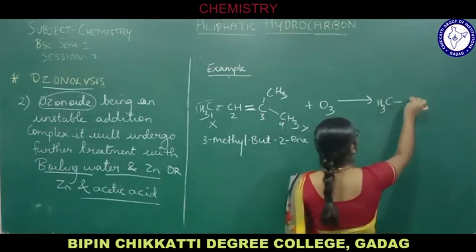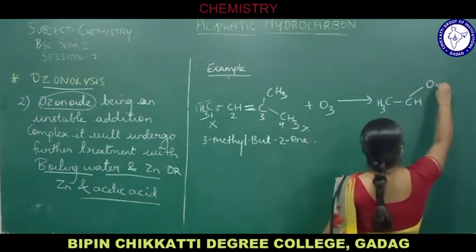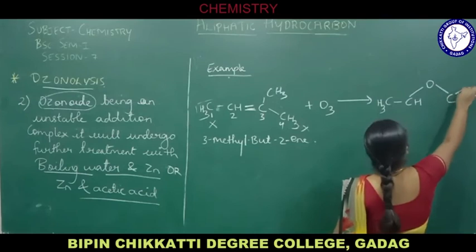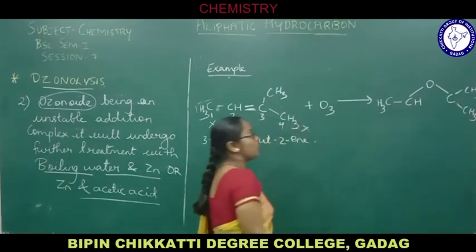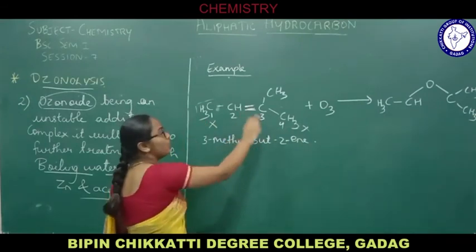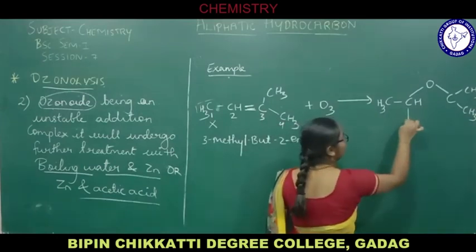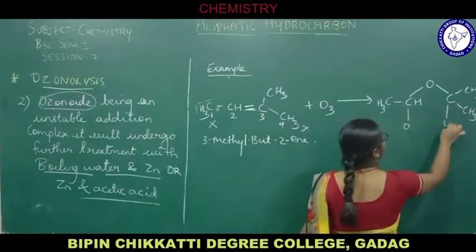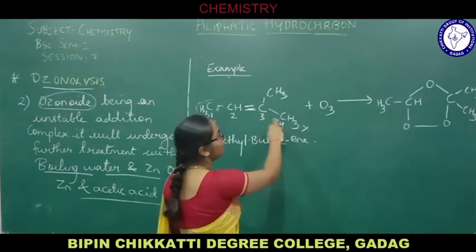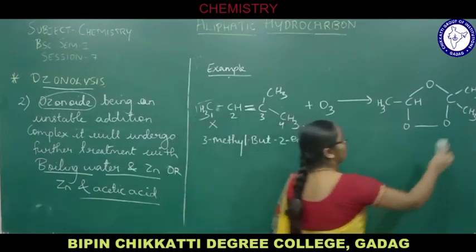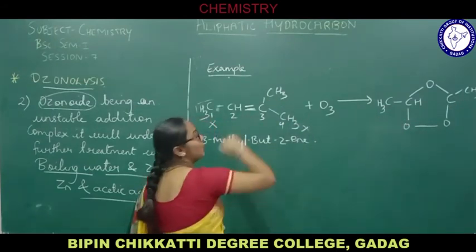It will take place in such a manner that the O3 molecule will be situated in this fashion, situated here. So when you are writing the ozonoid, the bond will be broken and the 3 oxygen atoms will be present in this fashion. This carbon will stay as it is with 2 methyl groups over here, right?